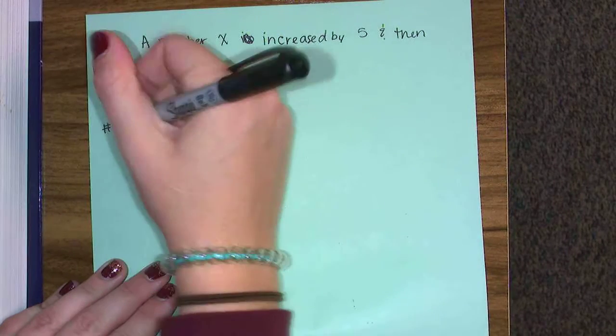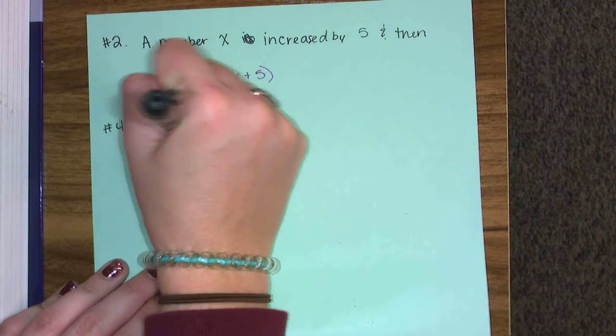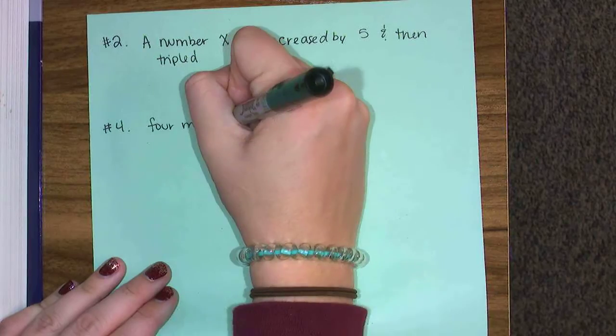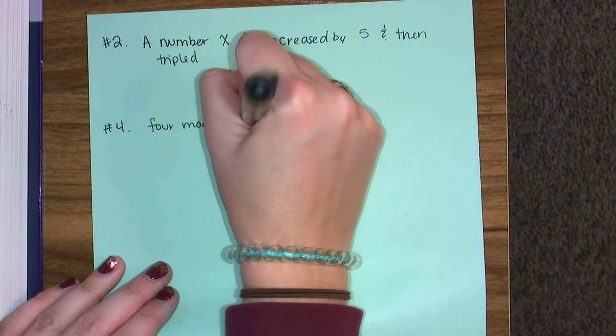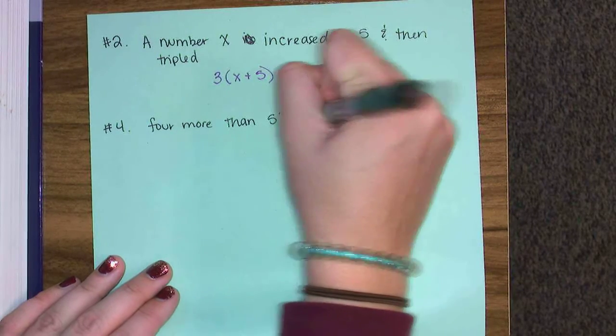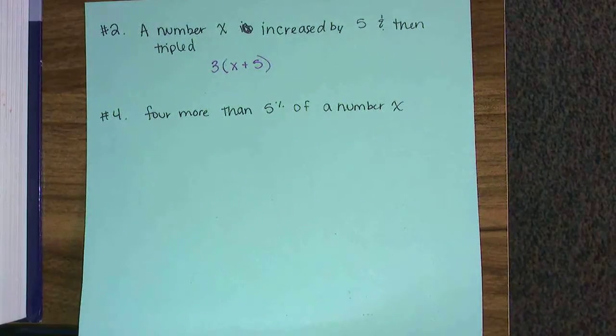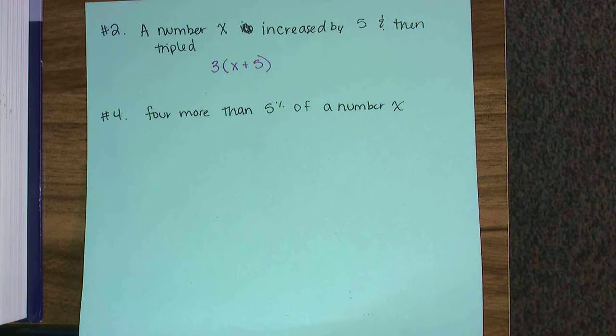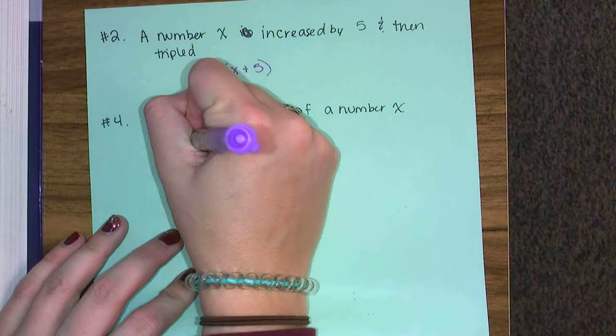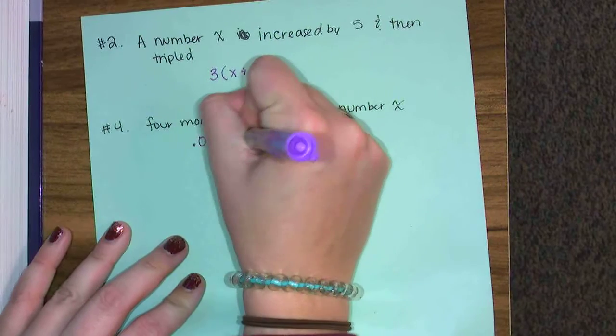For 4 more than 5% of a number x. What do we think this one is? 0.5? 0.05x and then plus 4.